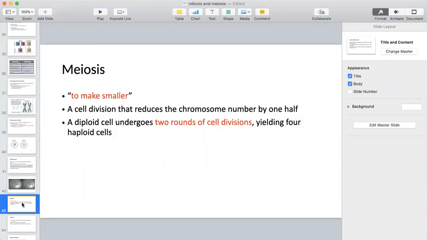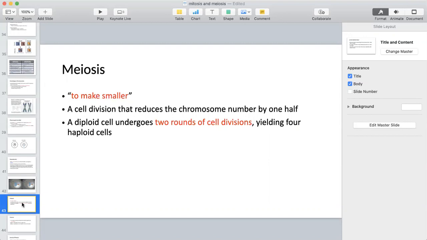So, meiosis. This is a reductive cell division. Meiosis means to make smaller. This is going to be in contrast to what we've already explored from mitosis. In mitosis, we're going to duplicate that genetic material and create a new cell that's going to be an exact copy of what we started with. That's not the case with meiosis. In meiosis, we're actually going to reduce the chromosome numbers per cell.